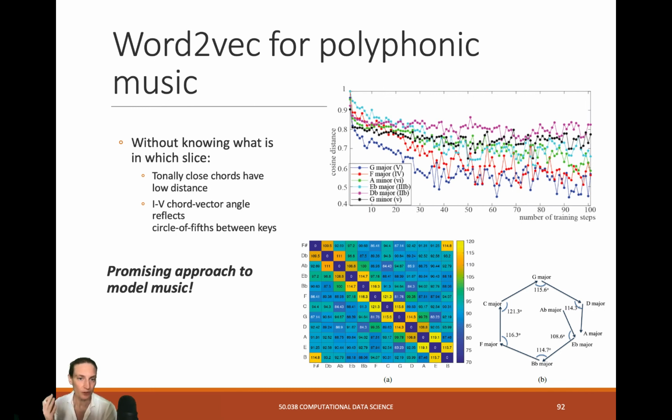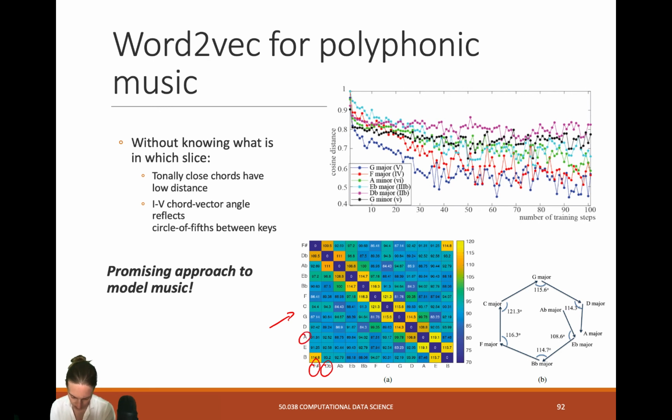So without knowing which notes are in these slices, we actually see that the model learns that tonally close chords have a low distance. That is reflected in the similarity matrix here, which lists the cosine distance between different chords. The chord labels are here.